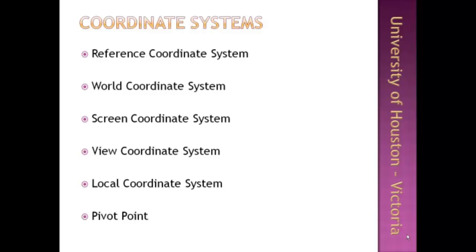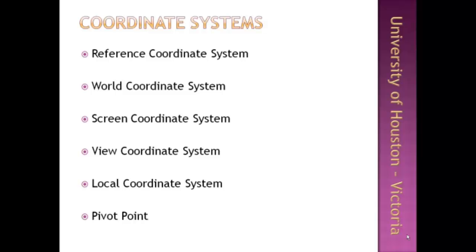And when your object as a whole would move, all of its body parts would be affected separately, essentially, and differently. So it would be very, very difficult to do the animation within the world coordinate system.